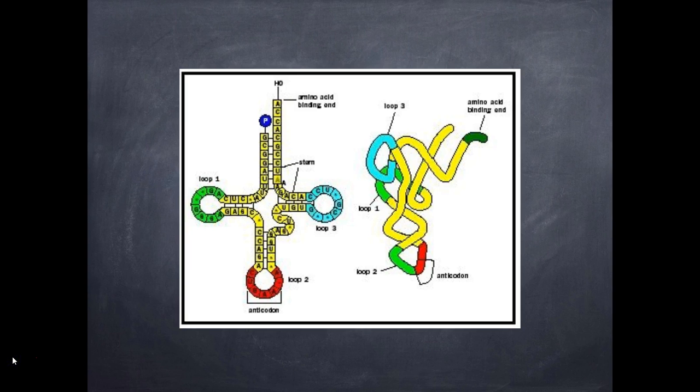tRNAs carry their corresponding amino acid on their end, and the tRNA intramolecularly base pairs with itself in order to create a cloverleaf type shape, or a T, that further folds into an L shape, where the anticodon end and amino acid end are the only ends exposed. So if you see here, this is the most basic structure of a tRNA, where it is base pairing with itself because it can.